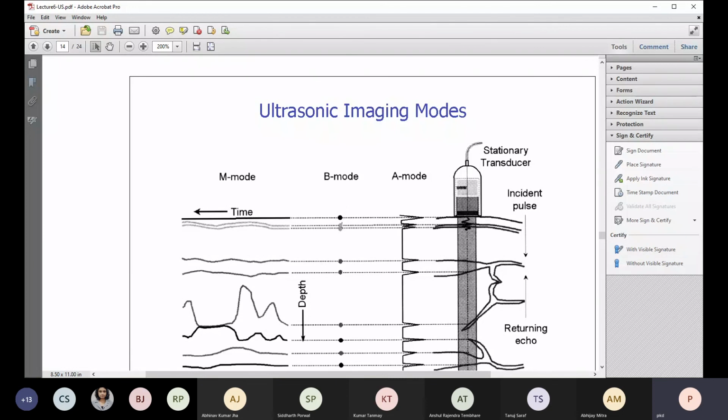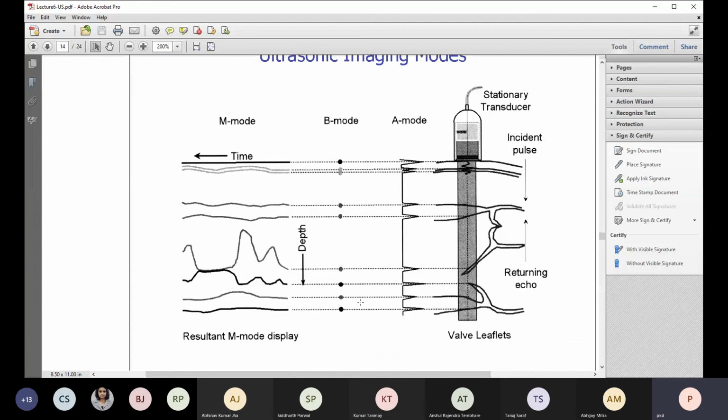In the imaging mode, the gray level intensity is coded with the amplitude, and subsequently an XY scan is used to get the position. Like that, multiple depths are being scanned.